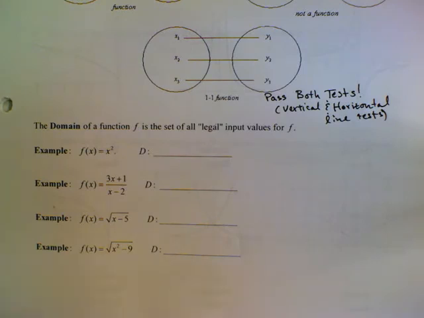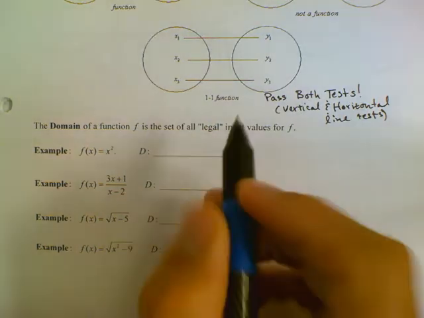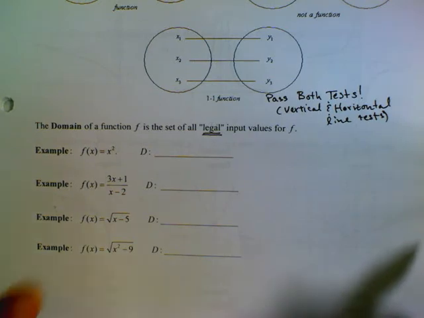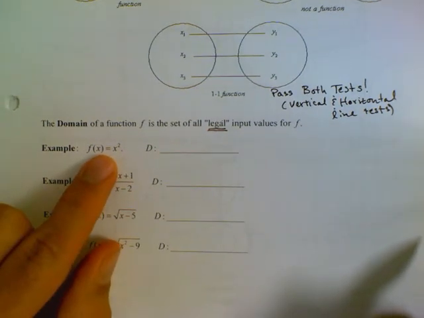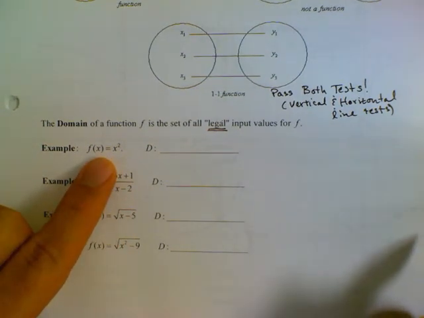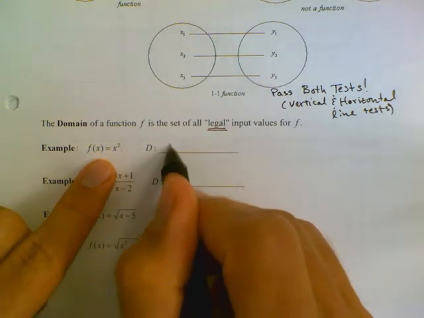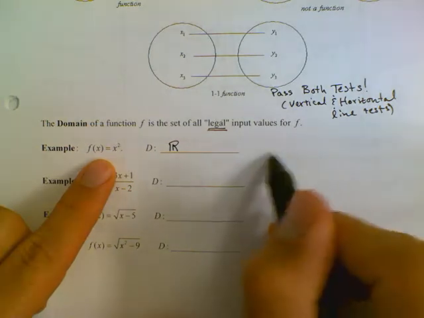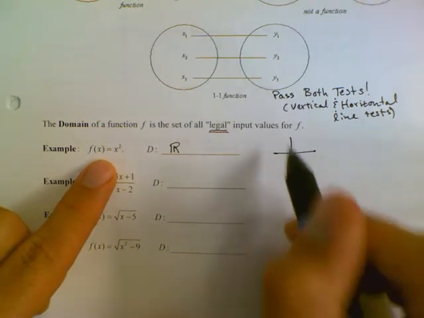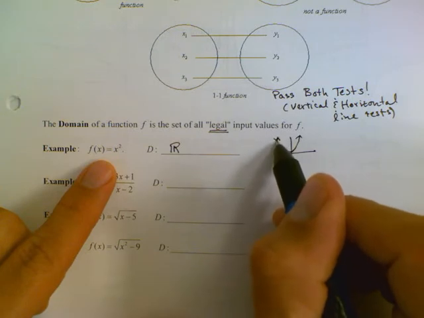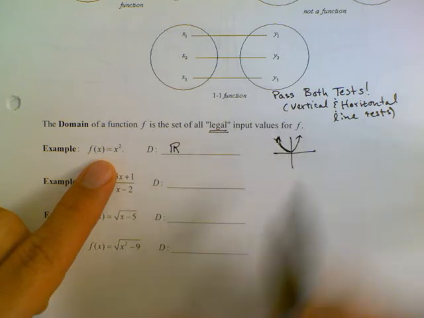When you're talking about domain, there are a few inputs that are just illegal given the function. If you have something like x squared, its domain is going to be all real numbers. Basically it just means that I can plug in any x value I want and I will always get some kind of y value.